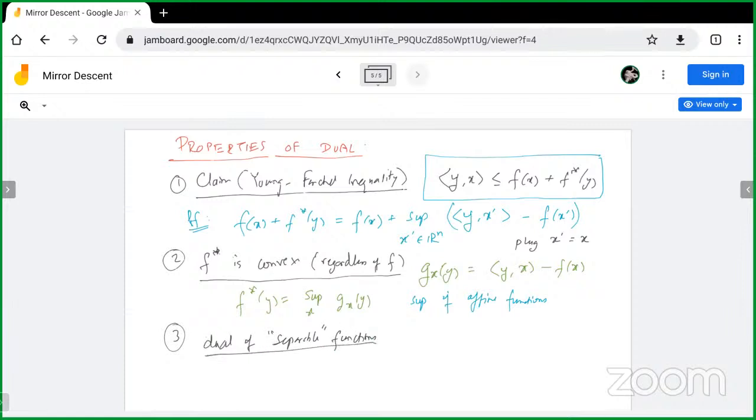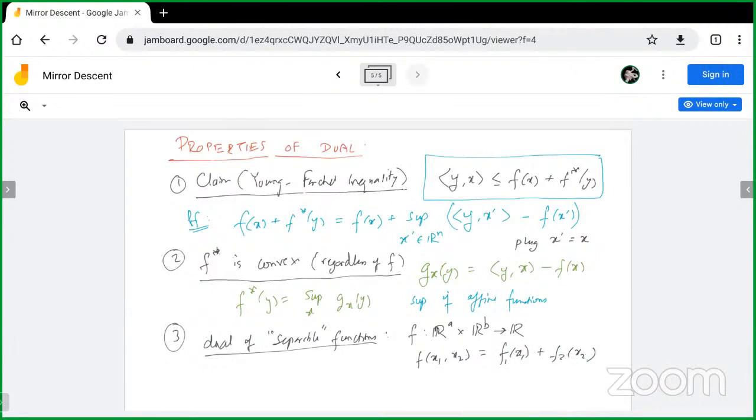Suppose my function is separable, in the sense that I have a function of two variables, but f of x1, x2 is f1 of x1 plus f2 of x2.